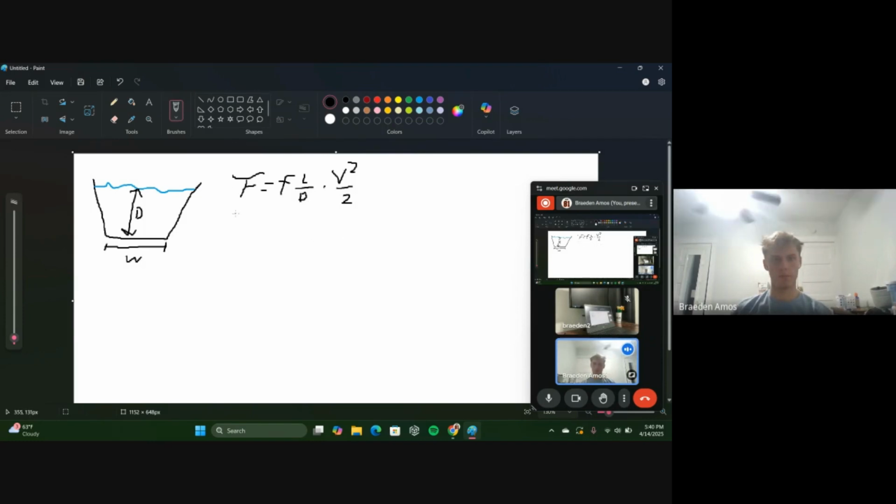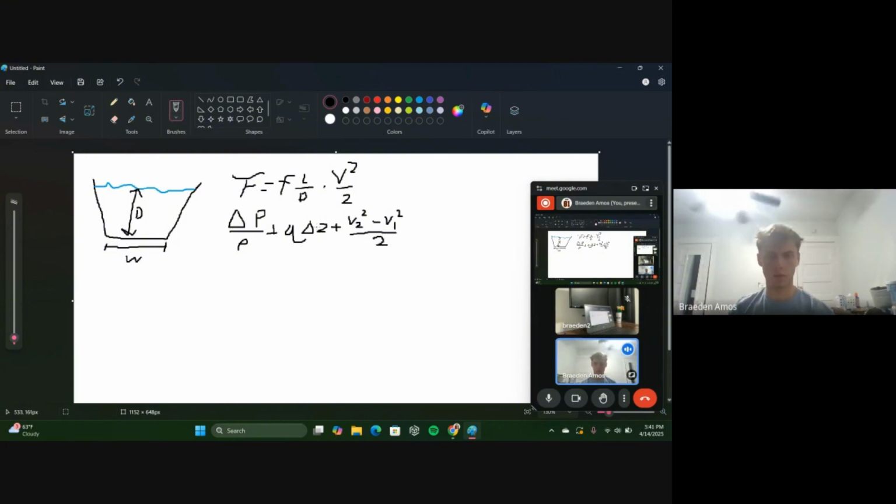Then we have delta P over rho plus g delta Z plus V2 squared minus V1 squared, all over 2.